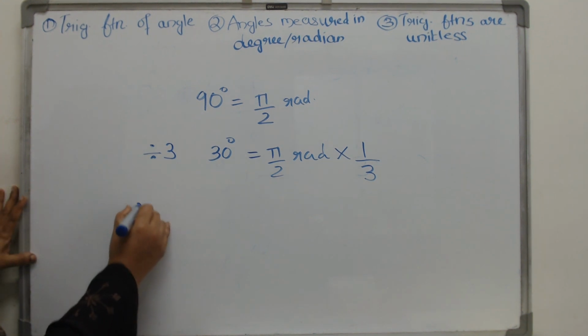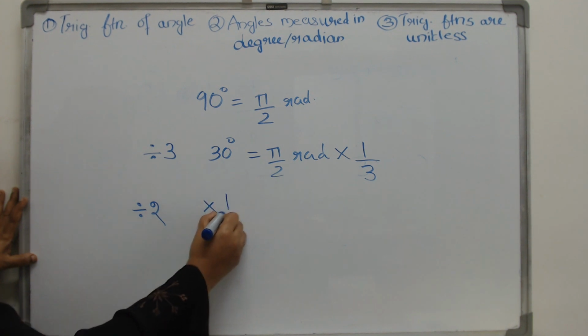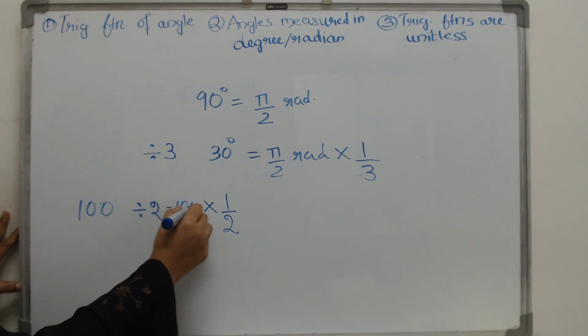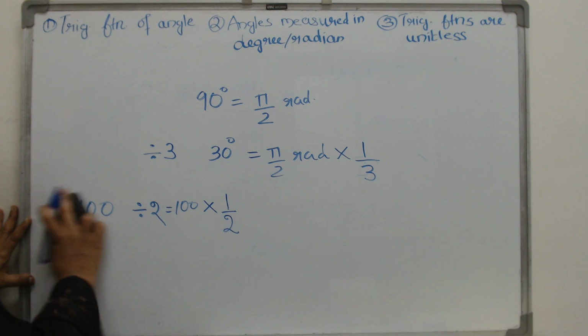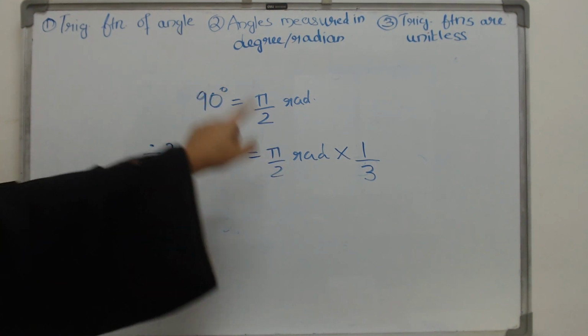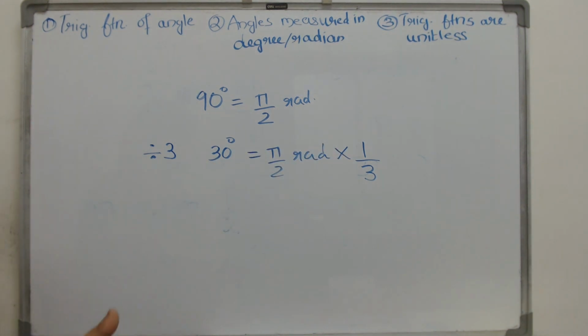Whenever you divide by a number or you multiply with its reciprocal, your answer will be one and the same. You can try that out yourself. 100 divided by 2 will be the same as 100 into 1 by 2. Your answer will be same, but then I have just written it in two different ways because when you deal with fractions, this will be more easier to do.